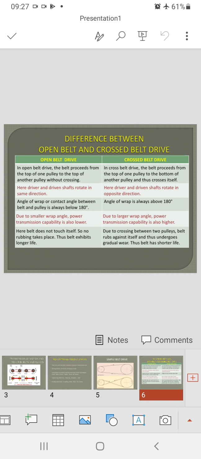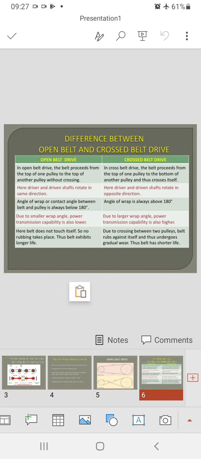In the cross belt drive, the belt proceeds from the top of one pulley to the bottom of the other pulley and thus crosses itself. The second point is that in the open belt drive, the driver and driven shafts rotate in the same direction, and in the cross belt drive, the driver and driven rotate in opposite directions.